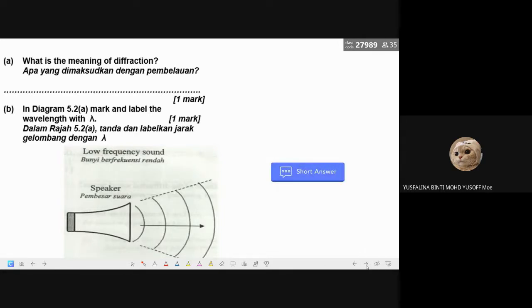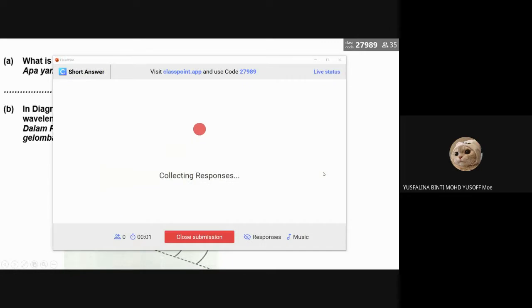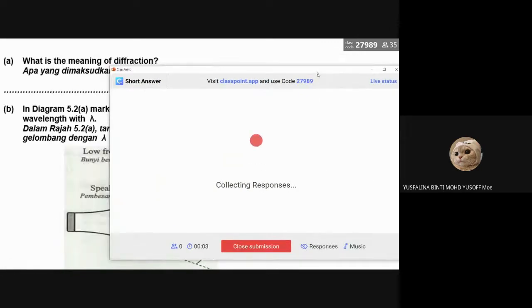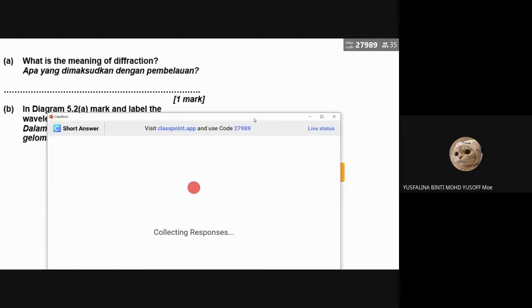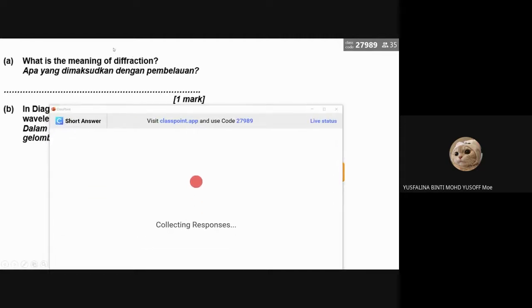And another one, you have to mark and label the wavelength with lambda. For B, you don't need to do it because you need to draw, so you cannot draw, of course. So just give me the meaning of diffraction. Just answer A only.